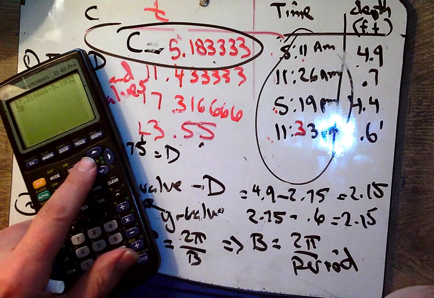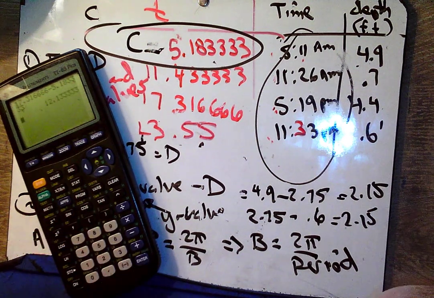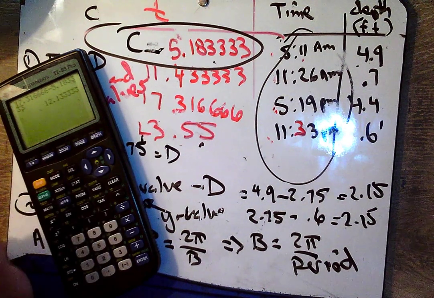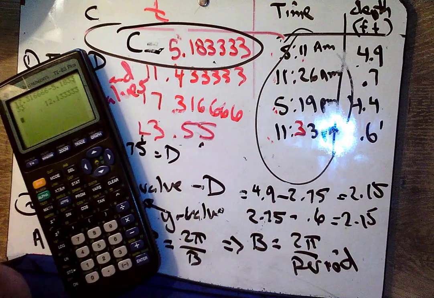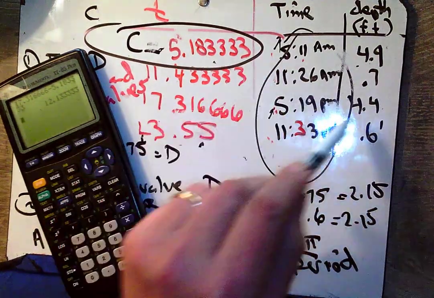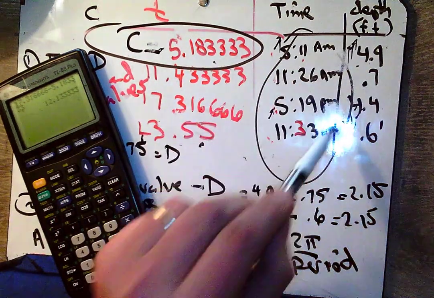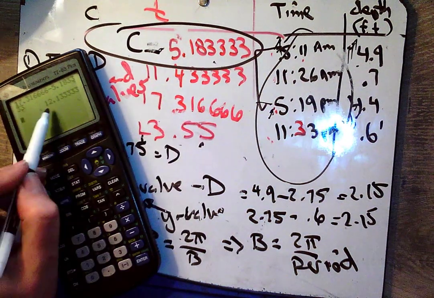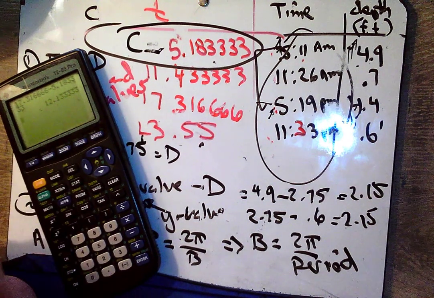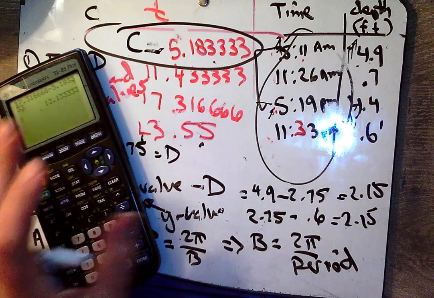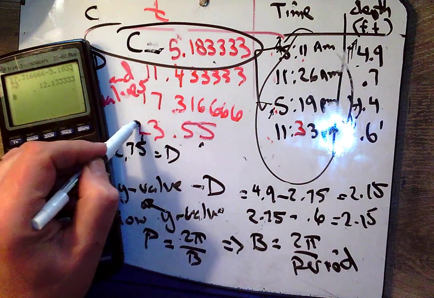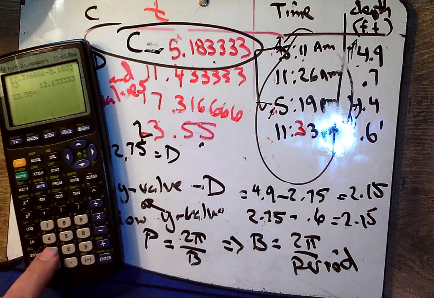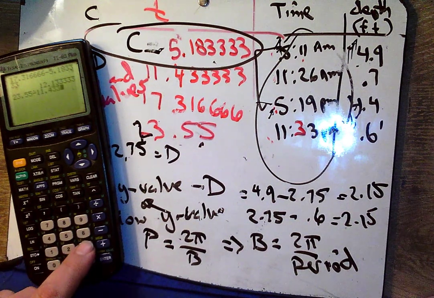By using the x value or the time for the two different high tides, I have these high y values, and so the period is the distance between them, or the amount of time between them, and that seems to be about 12.133 hours. Well, with that in mind, let's try using the two low values, 23.55 minus 11.423.